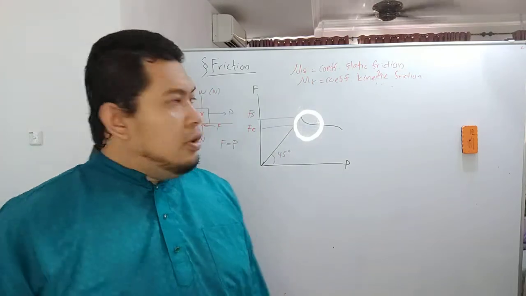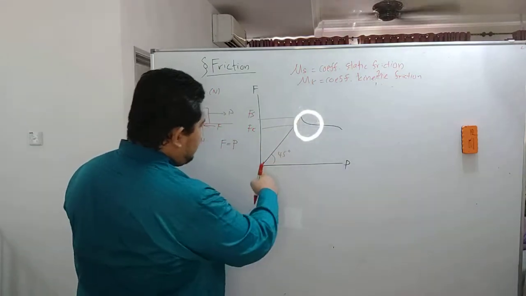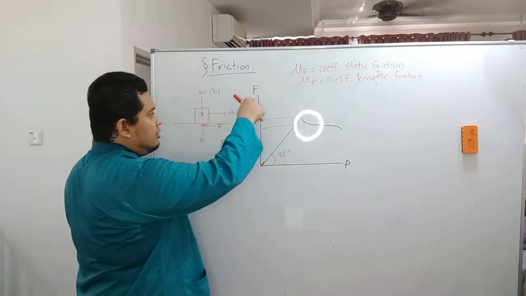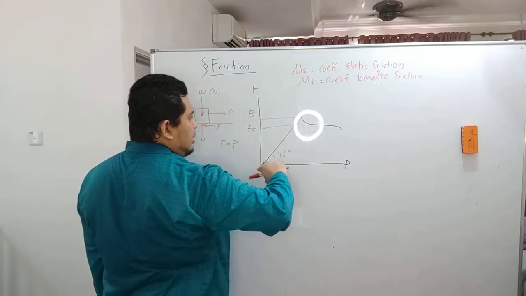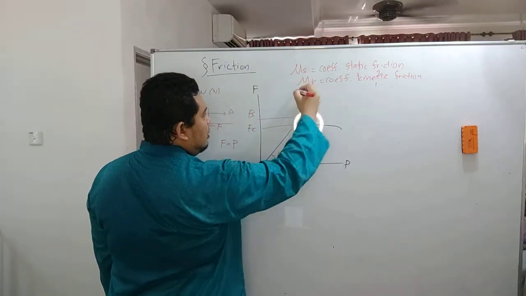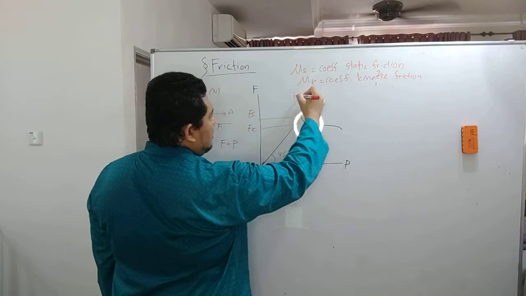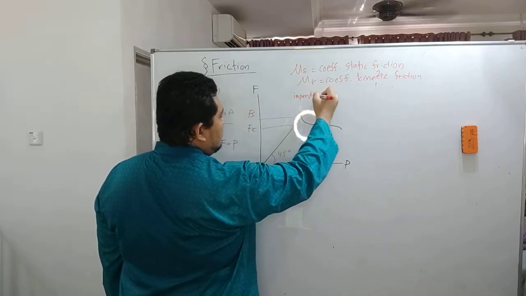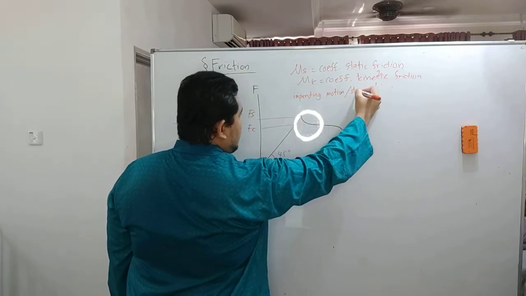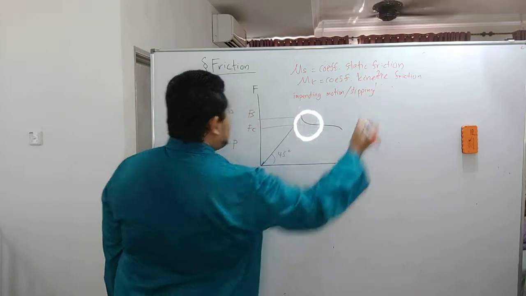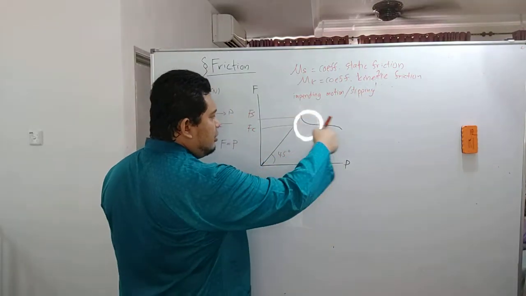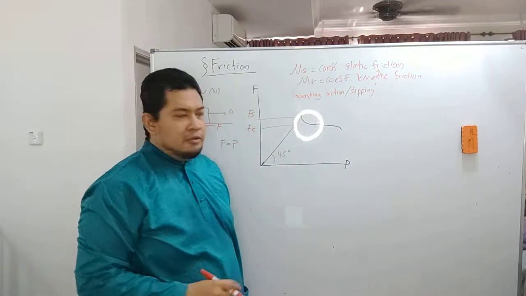As the P load increases, the friction force increases up to the maximum, at this point, which is the condition of impending motion, or slipping. Then the friction force suddenly reduces towards the kinetic friction.